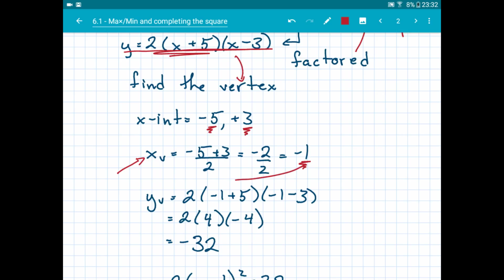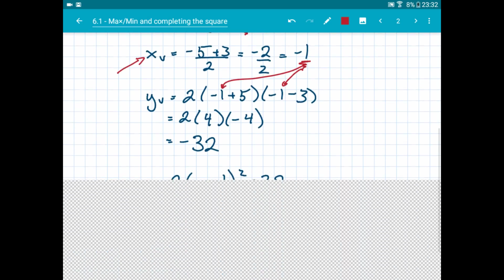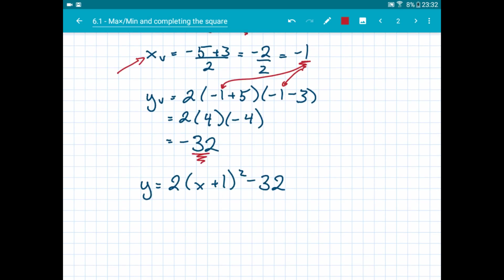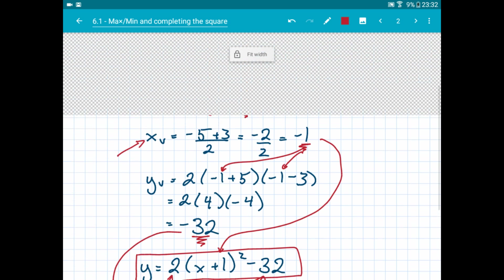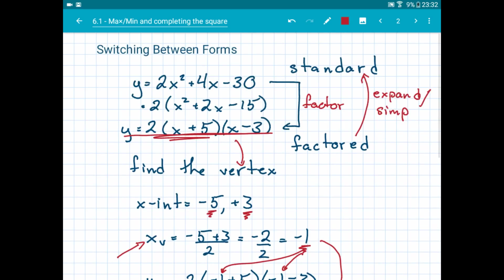Take that -1, plug it in for x in factored form, solve for the y value of the vertex, and if you already know A, because A is the same for every form, and we use the x value of the vertex for H, and we use the y value of the vertex for K, then we're able to put this into vertex form. Now, that's fine, except that it's a lot of work.